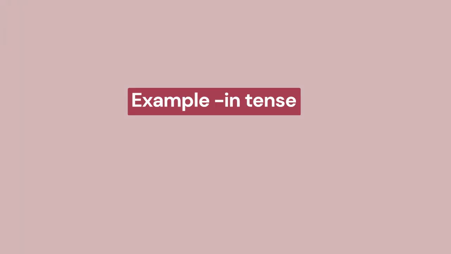Let's look at it when it agrees in tense. Tense simply means time. The time an event takes place, which is the present, took place, which is the past, and will take place in the future. So the tense must also agree with the subject. For example, I came today.